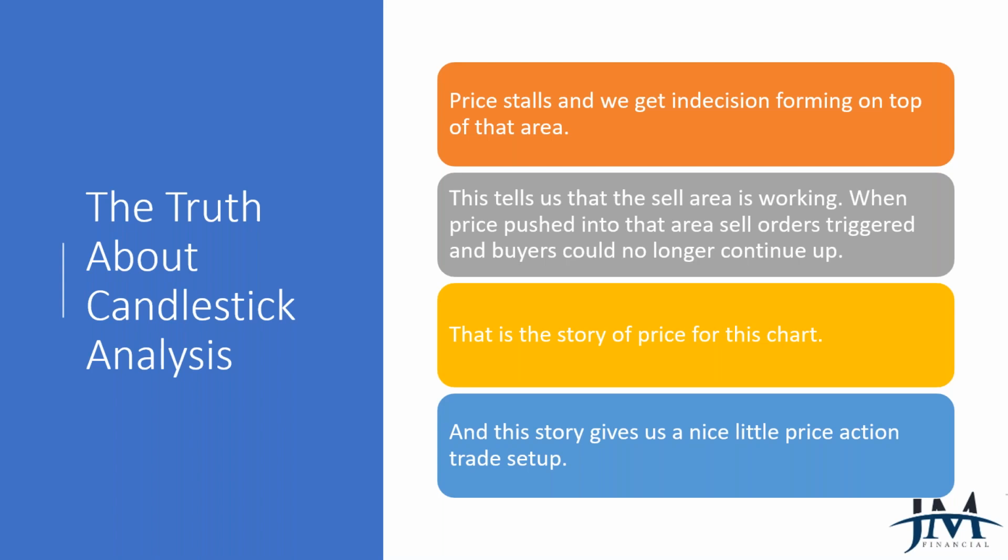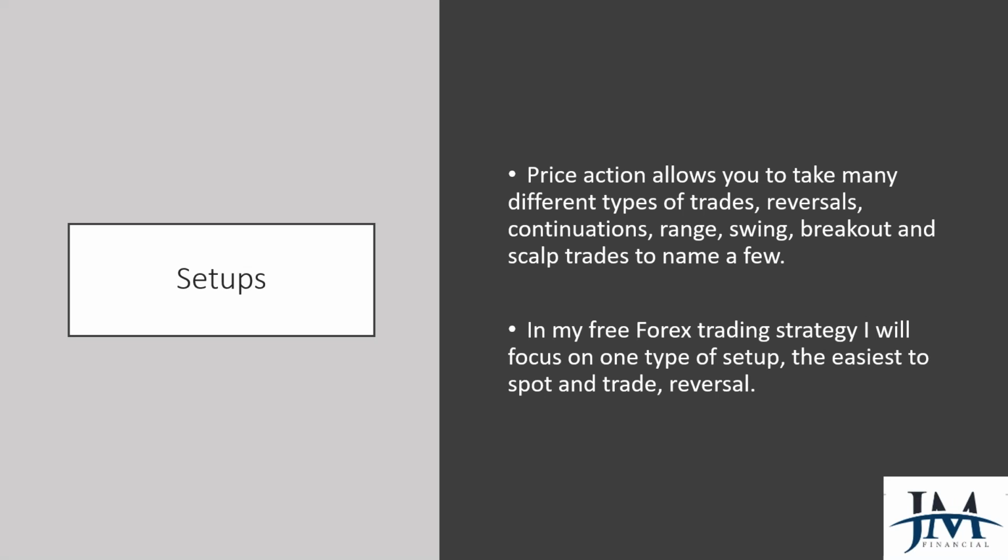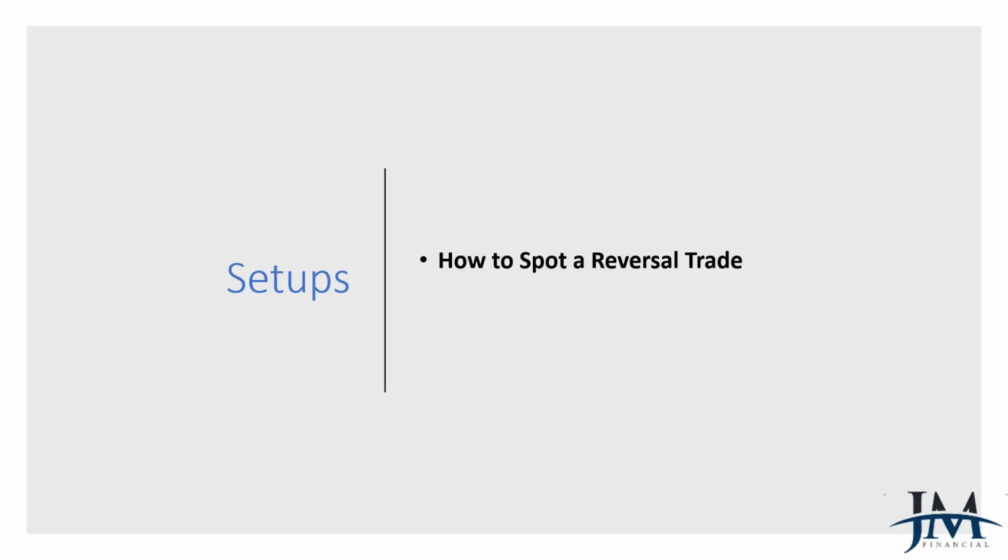And the story gives us a nice little price action trade setup. So how do we use this to set up price? Price action allows you to take many different types of trades: reversals, continuations, range, swings, breakouts, and scalp trades, just to name a few. Now, I don't trade reversal patterns.